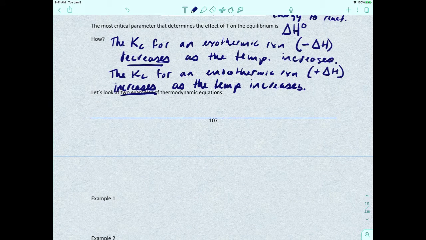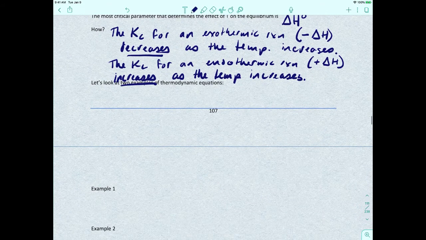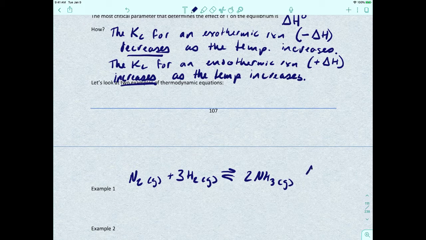So let's take a look at two examples of thermodynamic equations. Here's our first reaction. Let's take a look at our same one that we keep looking at. So N2 plus 3 moles of H2 is in equilibrium with 2 moles of NH3. Now, everything's gaseous. And the enthalpy for this reaction is negative 92.2 kilojoules.